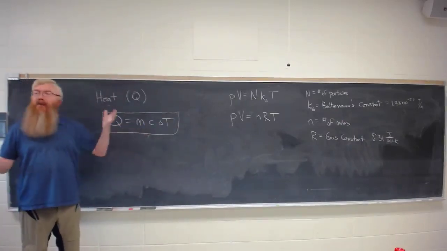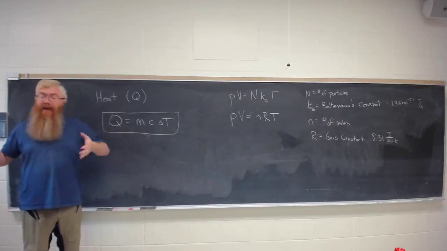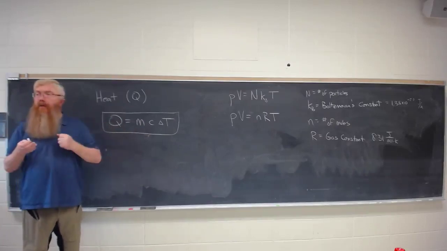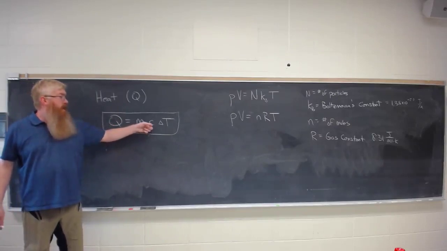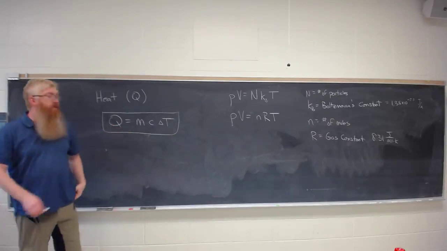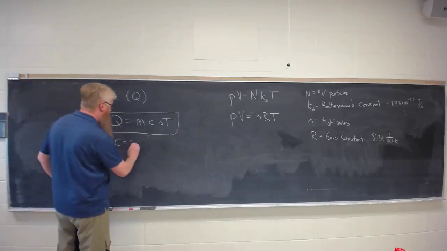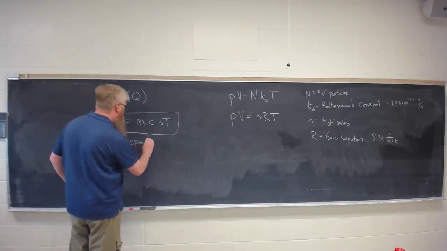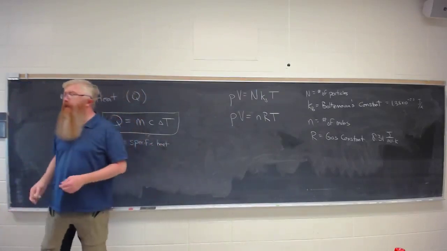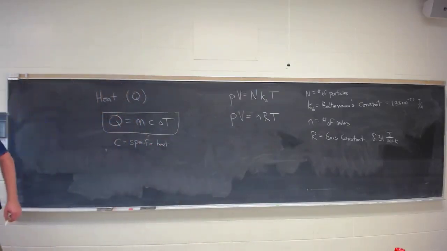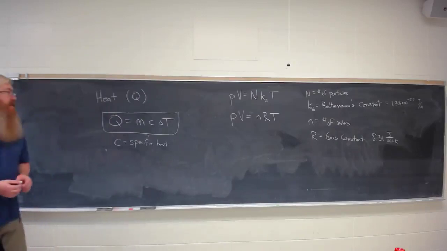Obviously, the more mass you have, the more heat it takes to warm it up. It also depends on this value C called the specific heat. That depends on the material. And in this case, it depends upon the phase as well.